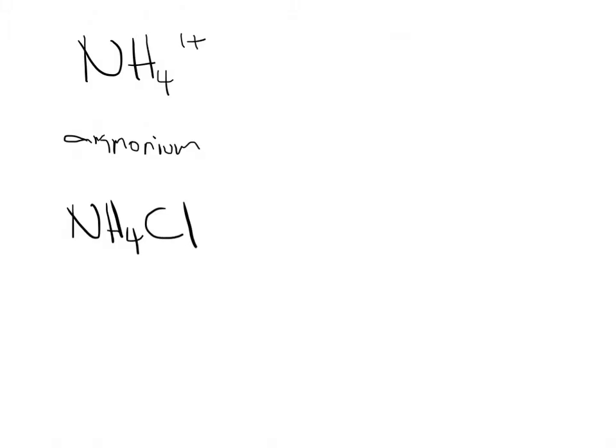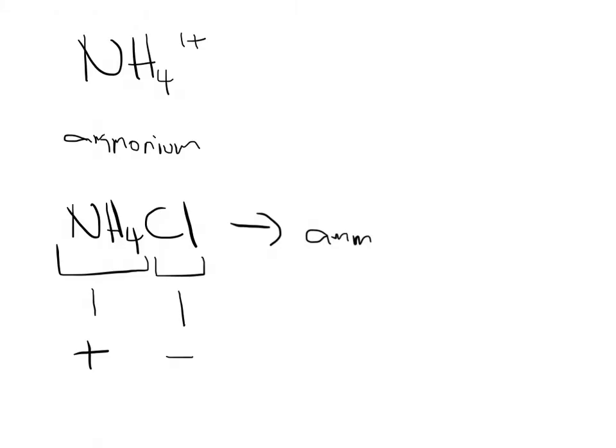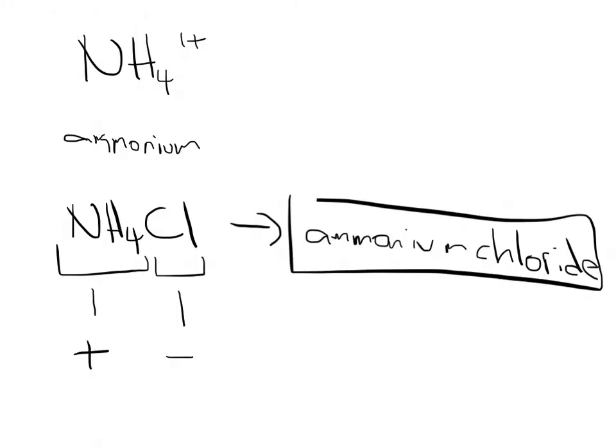Here you have to be careful. If you're looking at your chart of the polyatomic ions, NH4 is now the cation. This is the positive. This is the negative. And this would just be called ammonium, and then chloride. So the rules for the anion stay the same. You give it the IDE ending.